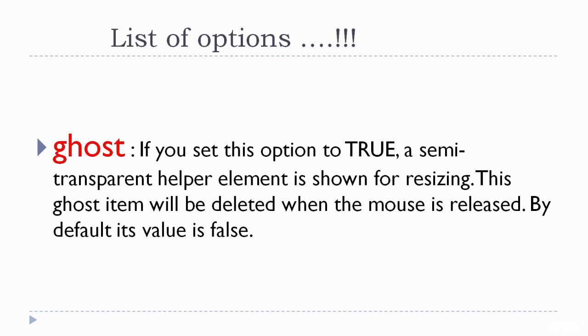Now here is the second option, ghost. If you set this option to true, a semi-transparent helper element is shown for resizing. As the name suggests, a ghost is a shadow. This ghost item will be deleted when the mouse is released. By default its value is false.